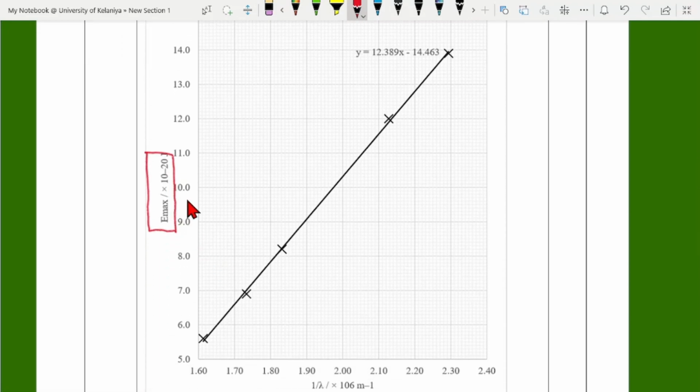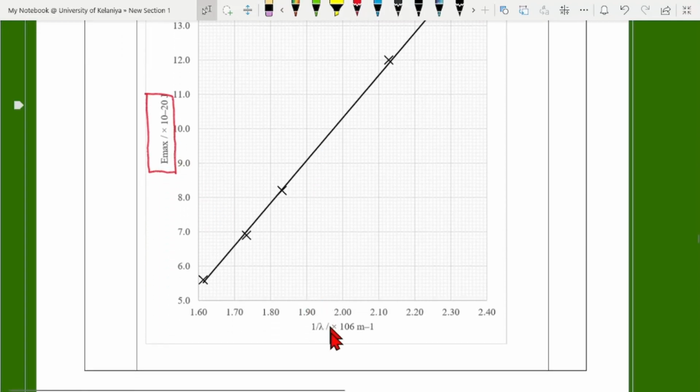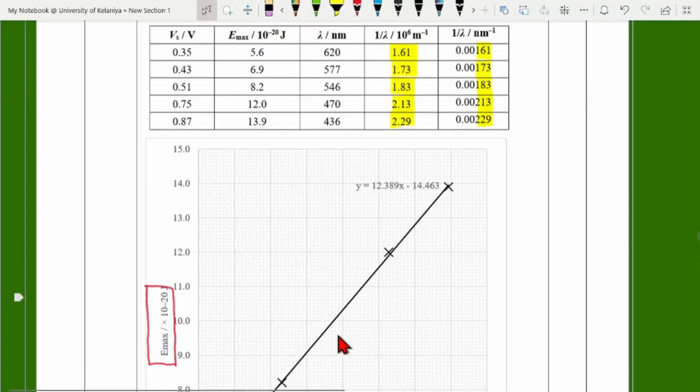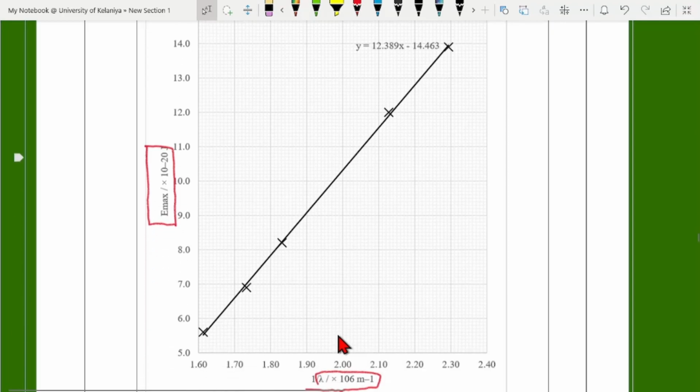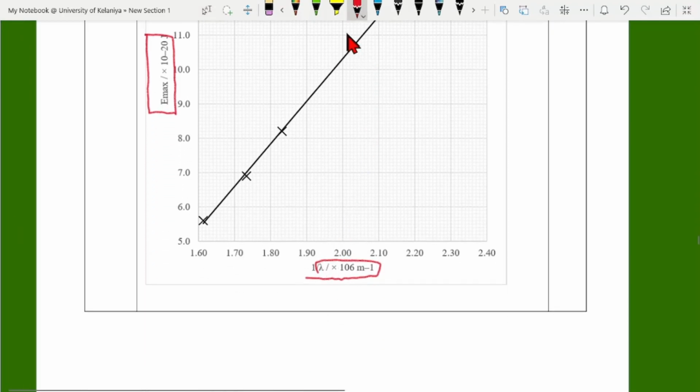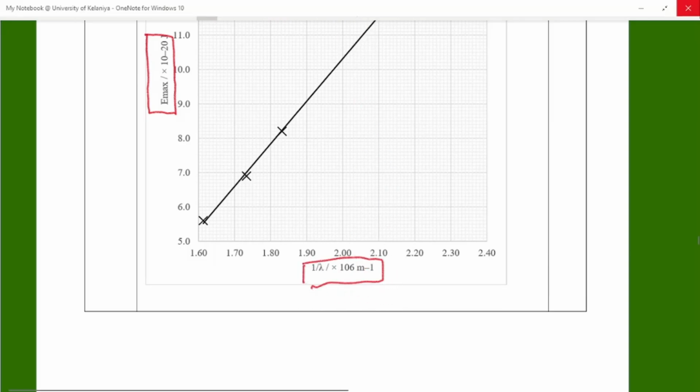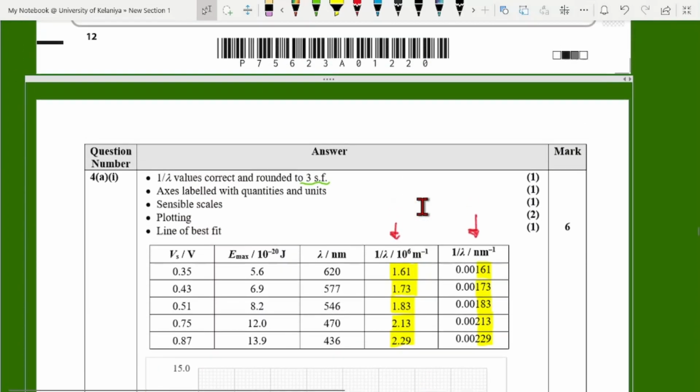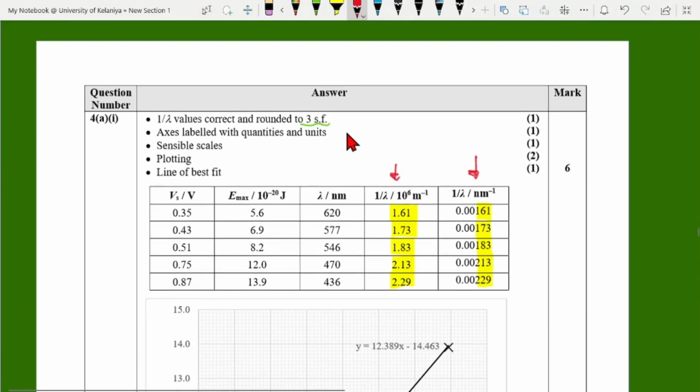And here also we have 1 over lambda, and it is 10 to the power 6, sorry, not minus, it is 10 to the power 6. We have to label those two, and for that they give marks. Labeling with quantities and units, 1 mark.